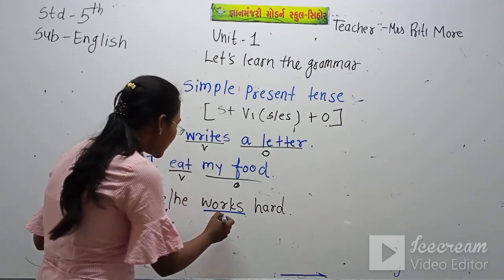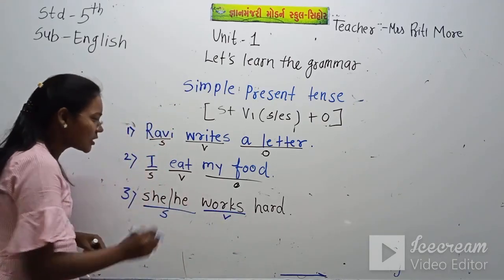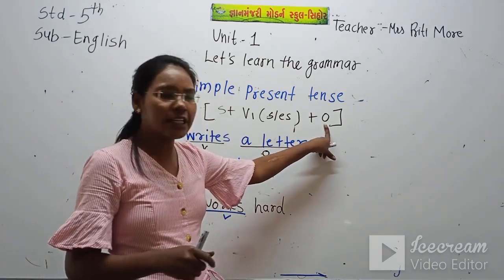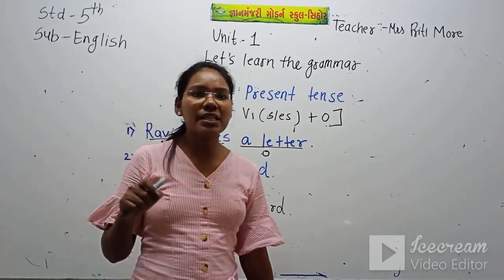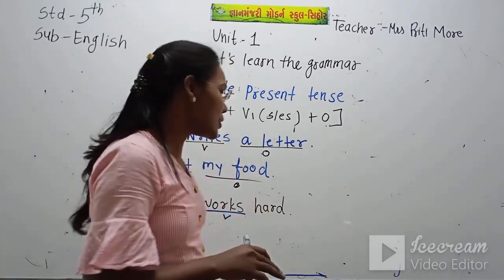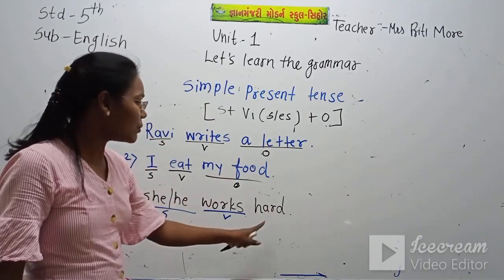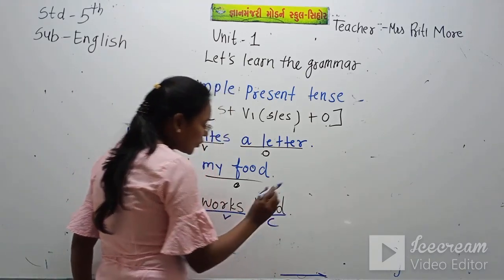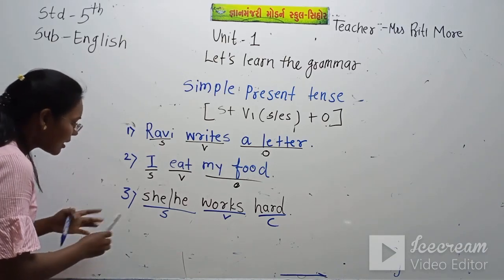That's why this is the verb and this is our subject. Sometimes we don't need an object. Every time we don't need an object. Sometimes the sentence becomes complete and makes sense without an object also. So this hard is the complement only. This is not an object.